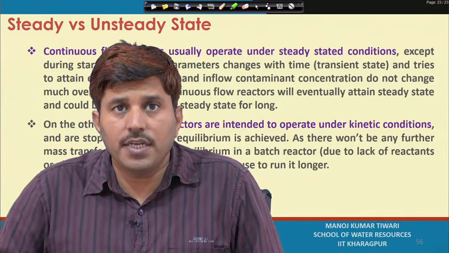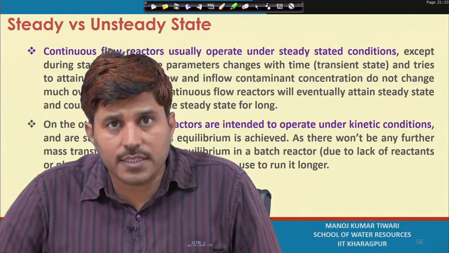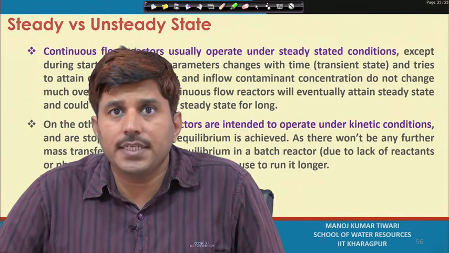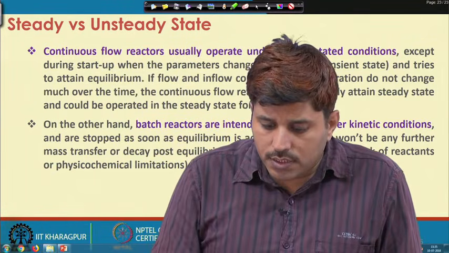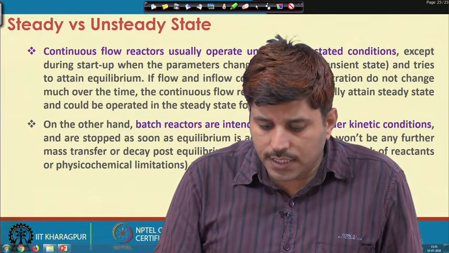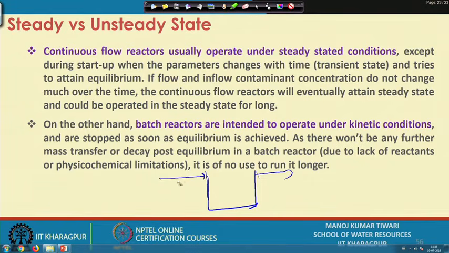Normally, continuous flow reactors operate under steady state conditions, particularly if the discharge and inflow concentrations are more or less the same and do not change with respect to time.